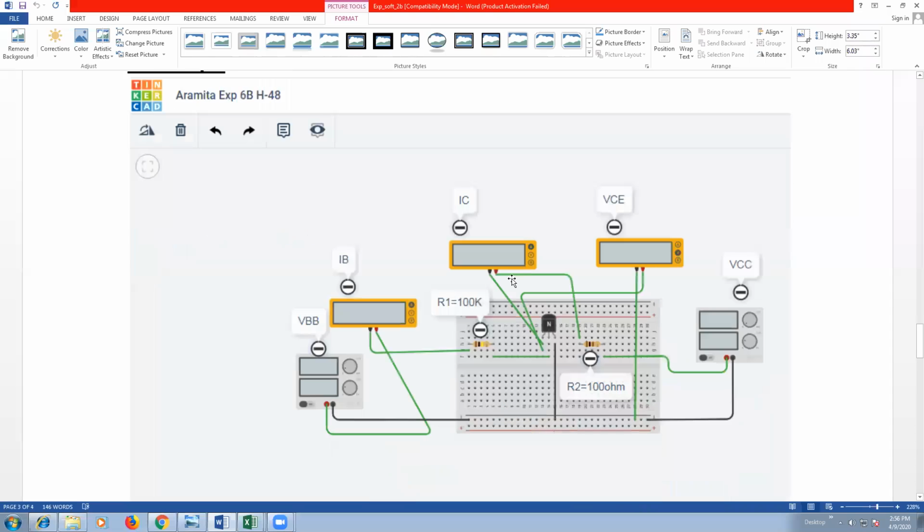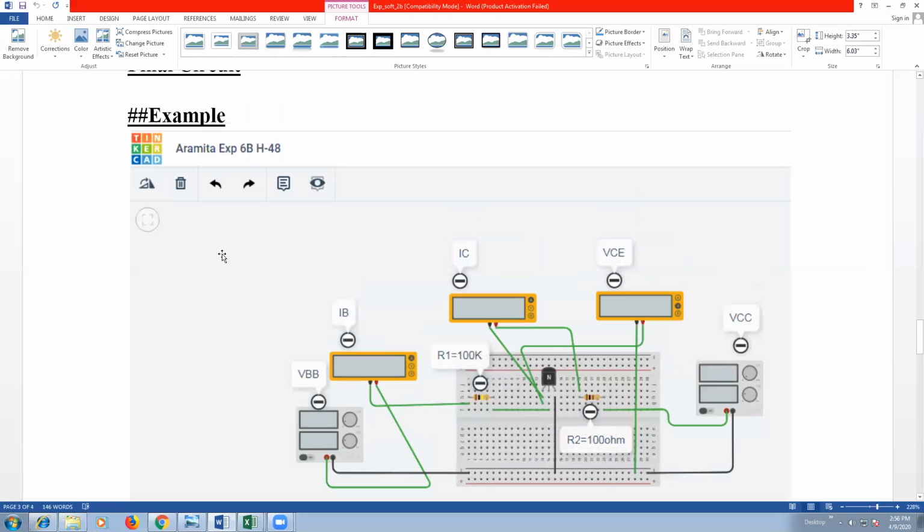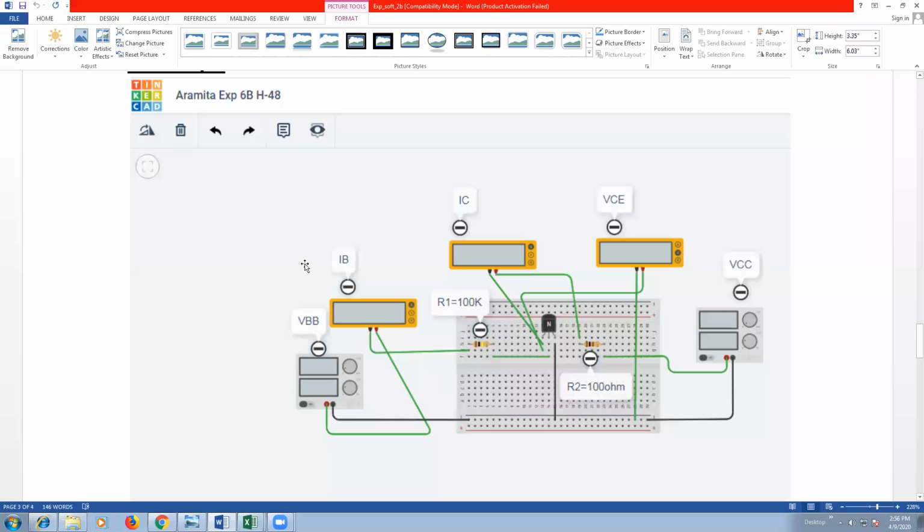After making your correct circuitry and doing your experiment, you have to take a snap of your circuitry and paste it in this place.